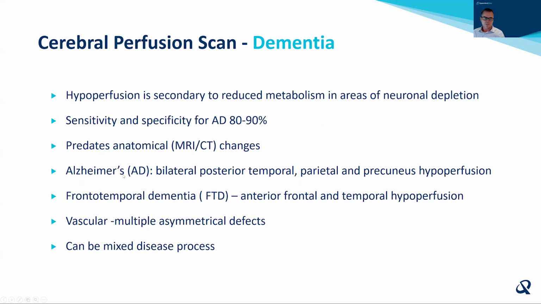So Alzheimer's classically produces bilateral posterior temporal, parietal, and precuneus hypoperfusion. FTD produces anterior frontal and temporal hypoperfusion, and vascular can produce multiple asymmetrical defects. But these two processes, vascular and neurodegenerative diseases, can often occur in the same patient.